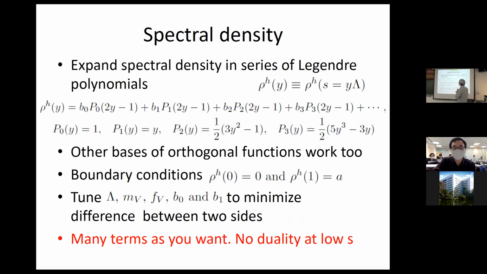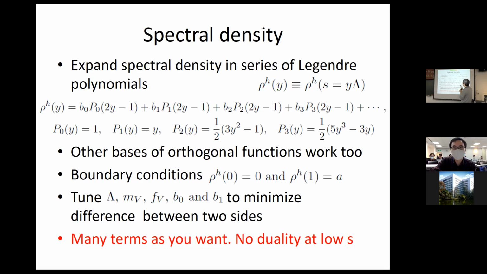Okay. Then we want to treat the spectral density as unknown, right? In order to make the numerical analysis simpler, we expand the spectral density in a series of orthogonal functions. Here we use the Lagrange polynomials.